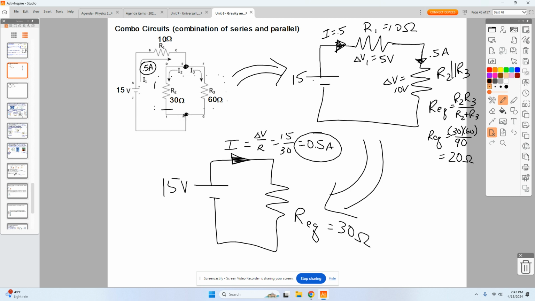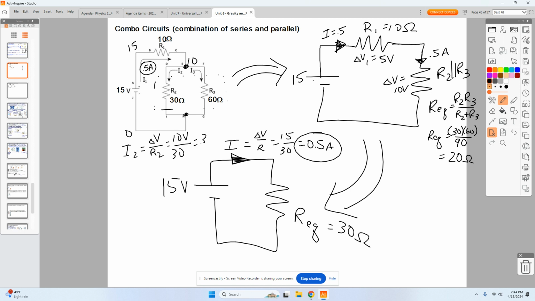Let's take it one more back over here. What's the voltage drop across those two resistors? 10 volts, just like I did here, right? So delta V here is 10 volts. If this is at 15 and this is at 0, this would be at 10, this would be at 0. You guys see it? Our last thing to do is I want to determine the current through R2. I2 would be equal to delta V across R2. That's 10 volts divided by 30 ohms.